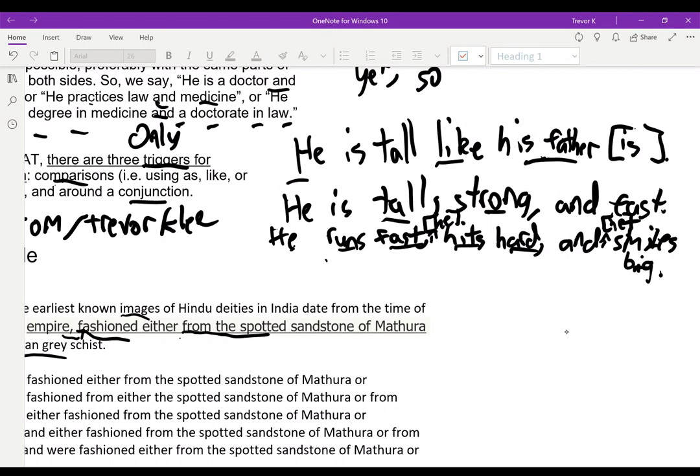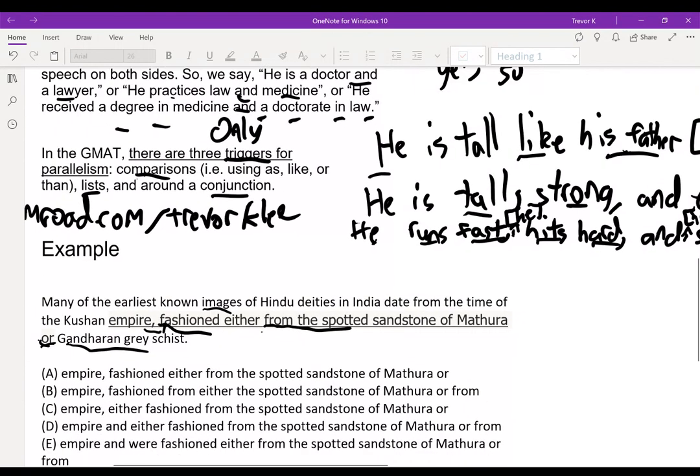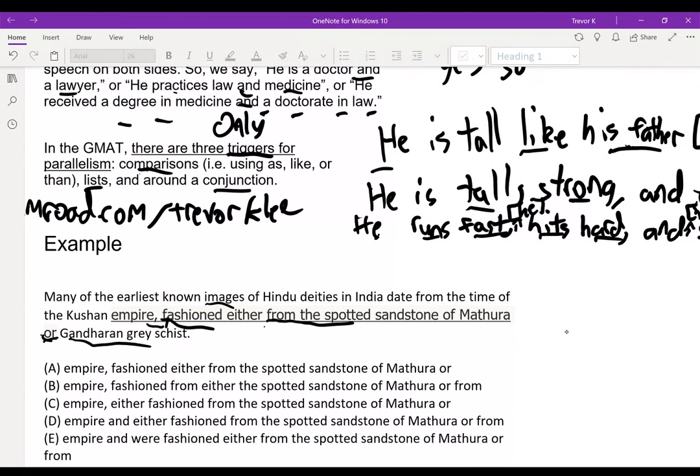So I could basically just cut this out, right? Just say he hits hard. It would go straight from there. But I couldn't do the same thing here, right? Date from the time the Kushan Empire fashioned, and then I would have to skip out the either or, right? So it'd just be fashioned Gandharan gray schist. So it should say fashioned from Gandharan gray schist.